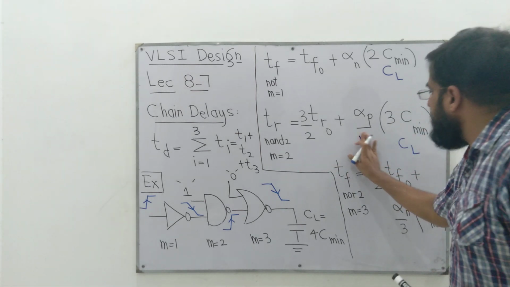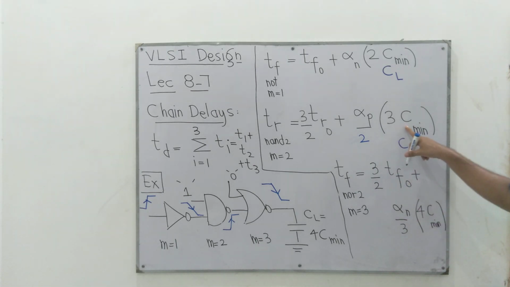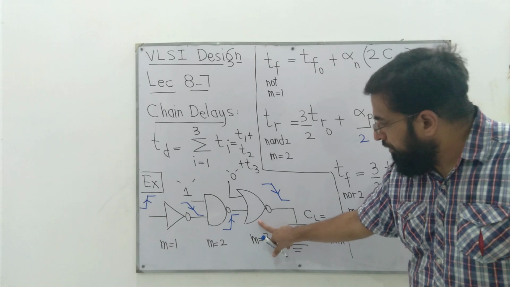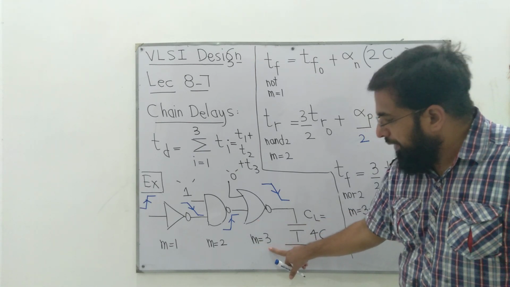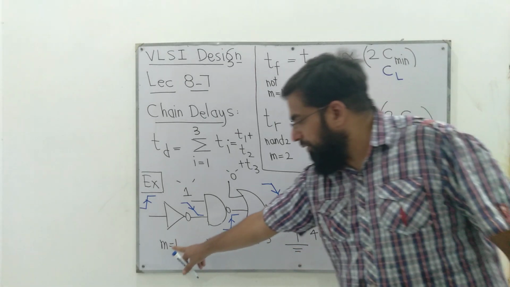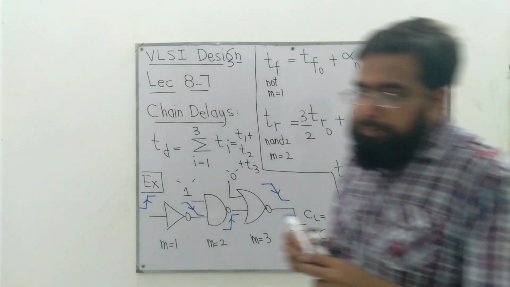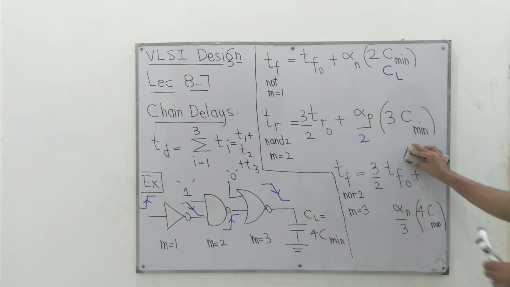So here M is equal to 2, so we replace it with a 2. 3C minimum. Why 3C minimum? Because this NOR is with scaling factor 3. This means the size of each transistor is 3 times compared to the size of each transistor here. So of course the gate capacitance would be 3 times the minimum gate capacitance C minimum.